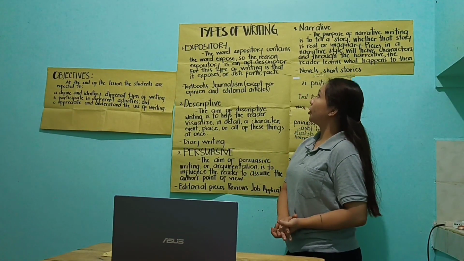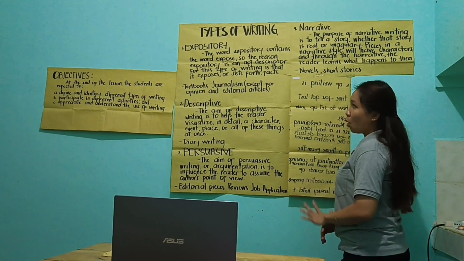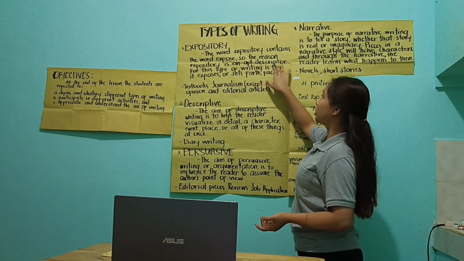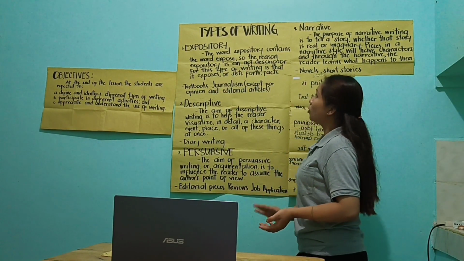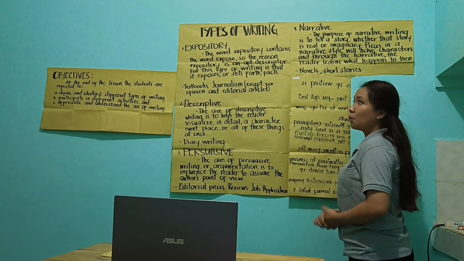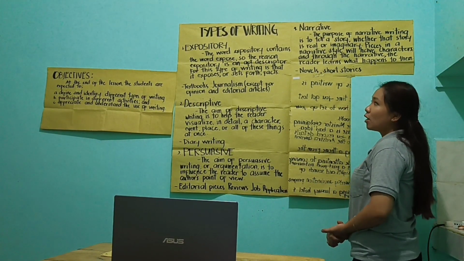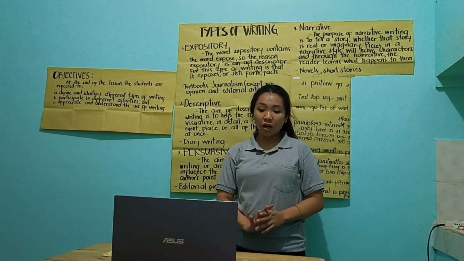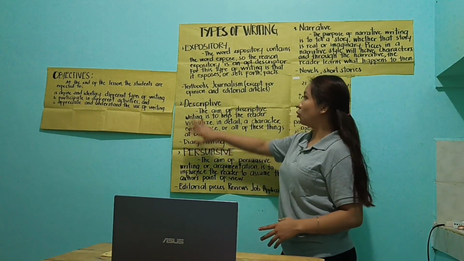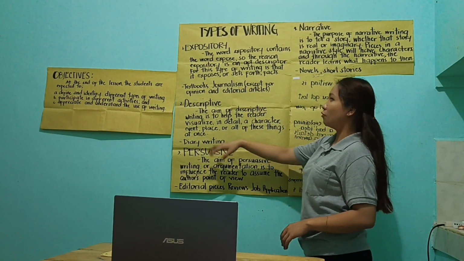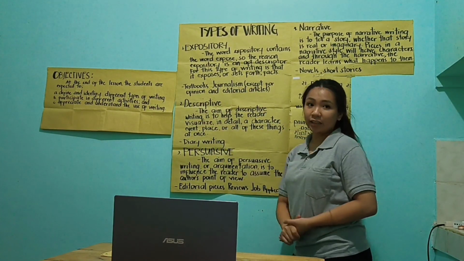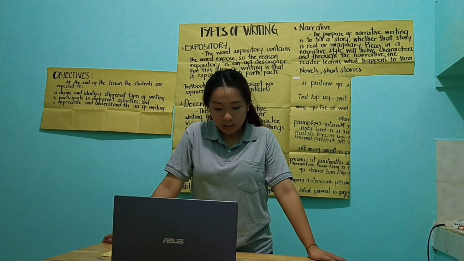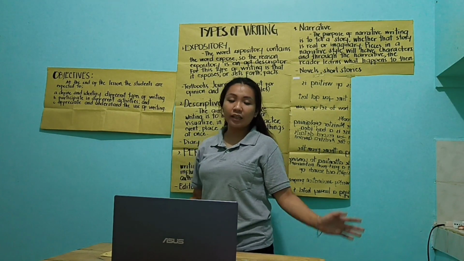Expository, the word contains the word expose. So the reason expository is an apt descriptor for this type of writing is that it exposes or sets forth fact. So expository writing can be found in textbooks, journalism except for opinion and editorial articles. Another example is business writing, technical writing, essay, instruction.